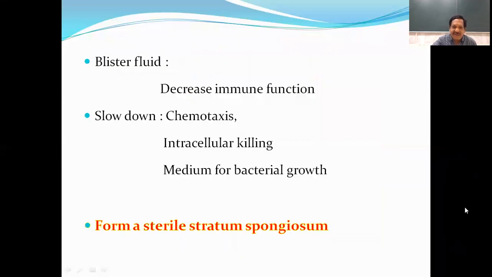Why you do this is, blister fluid decreases local immune function. It also slows down chemotaxis, slows down intracellular killing, and it is a good medium for bacterial growth. To prevent all these adverse effects, take a sterile needle and just puncture.